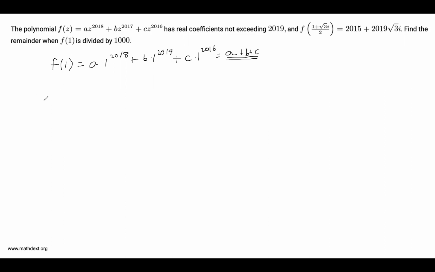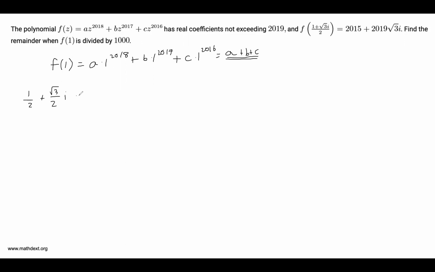Okay, now we look at this value, 1 over 2 plus square root of 3 over 2 i. We're given that f of this is 2015 plus 2019 square root of 3 i. And what can we do?